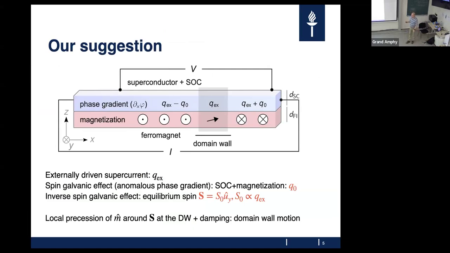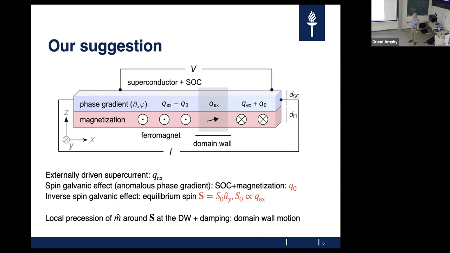And I try to describe it here. So here we have a ferromagnetic insulator that has a domain wall in a similar way as previously. On top of this, we put a thin film superconductor, so that the thicknesses of these two materials are small compared to the coherence length, and the thickness of the ferromagnet should be comparable or even smaller.